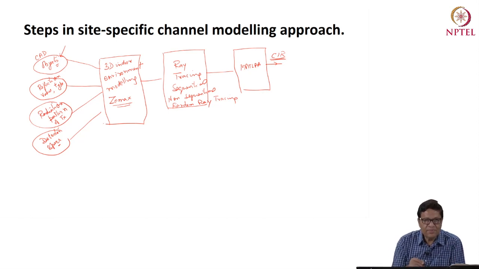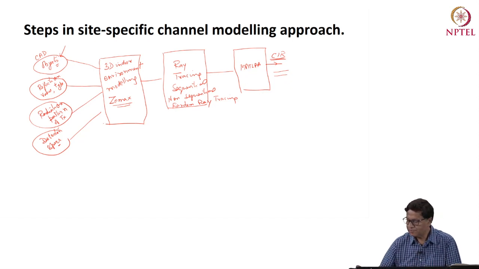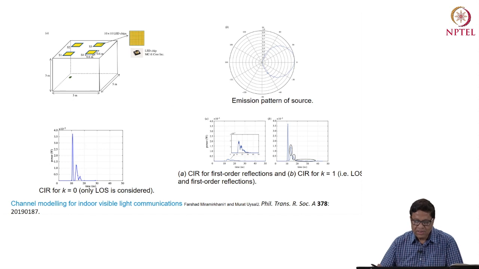So all these input conditions may be different, and similarly you will have different channel impulse response. So depending upon the environment, you design your system, or you find out your channel impulse response. So these are some of the examples. How does a channel impulse response look like, and what insight can it give?